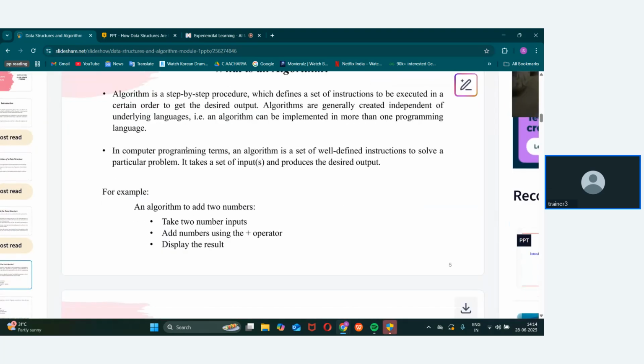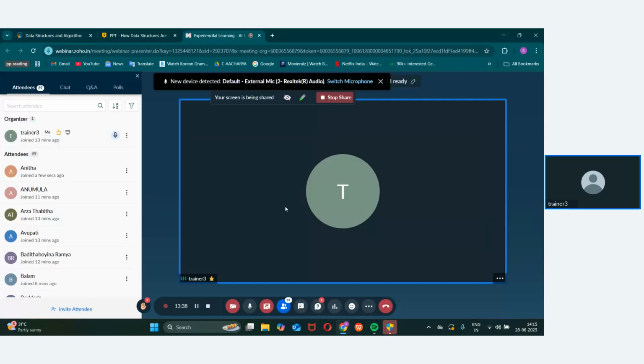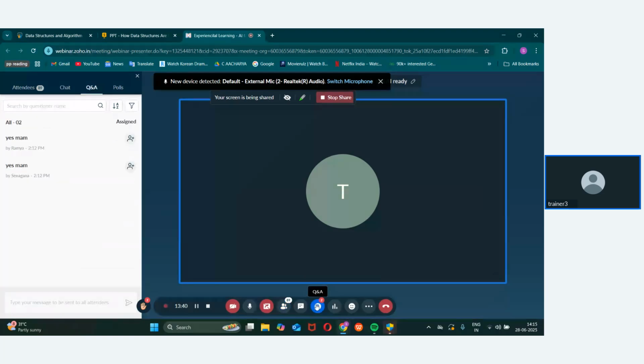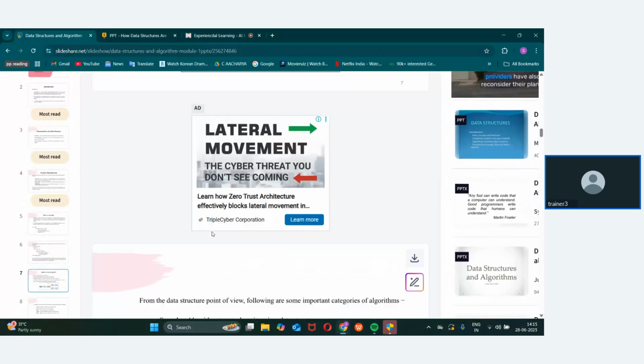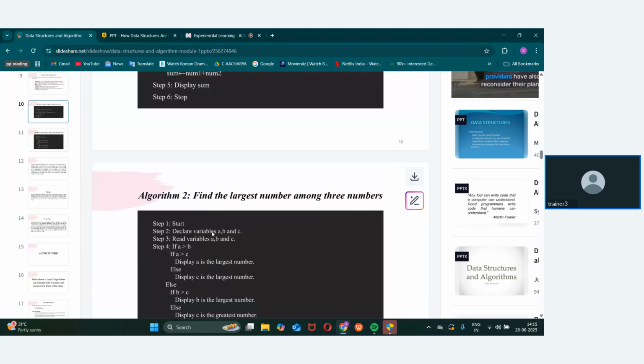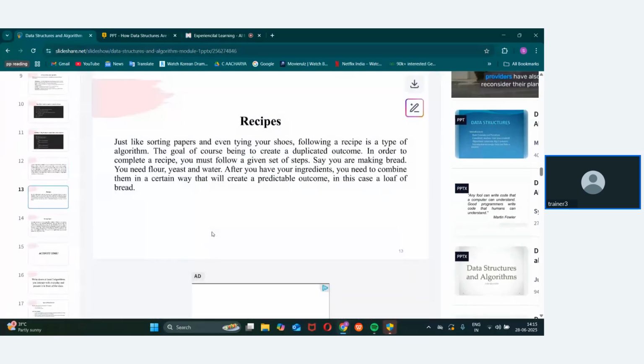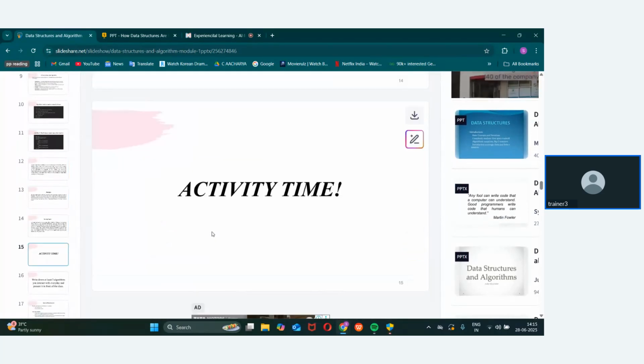Again, in programming terms, an algorithm is a set of well-defined instructions that are used to solve a problem. It takes some set of inputs and then gives output. We stopped yesterday till here, I guess.